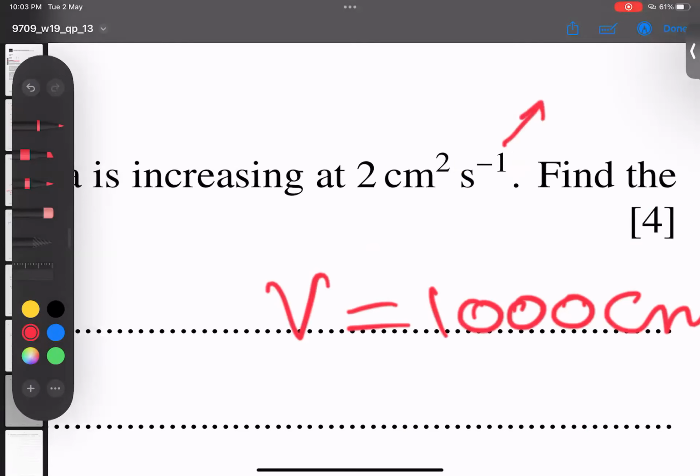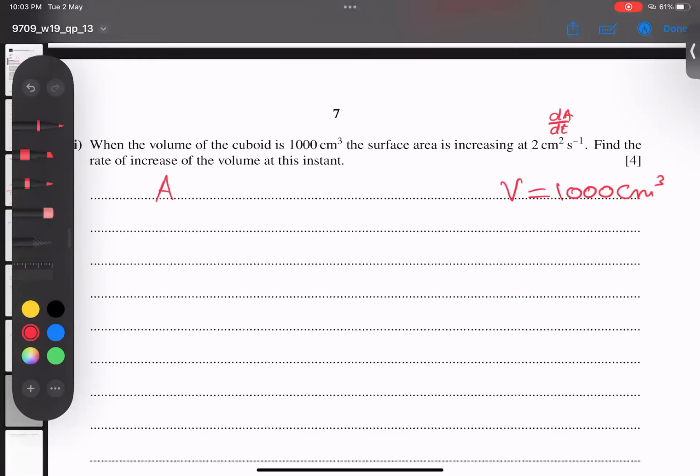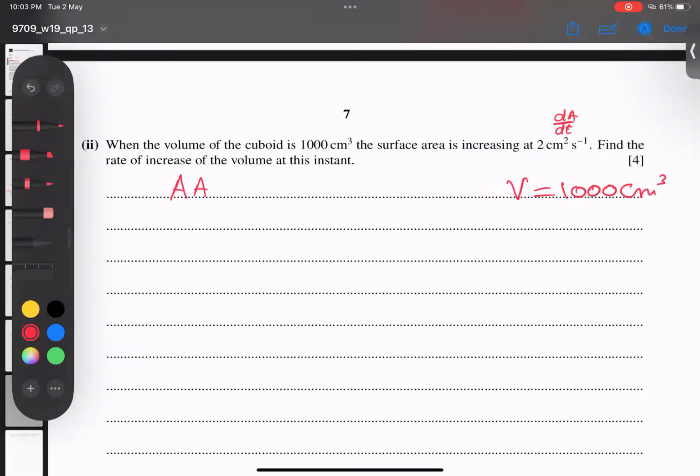Per second means time. We can say dA over dt. So dA by dt is given by him, 2 centimeter square per second. Right. And find the rate of increase of the volume at this instant.